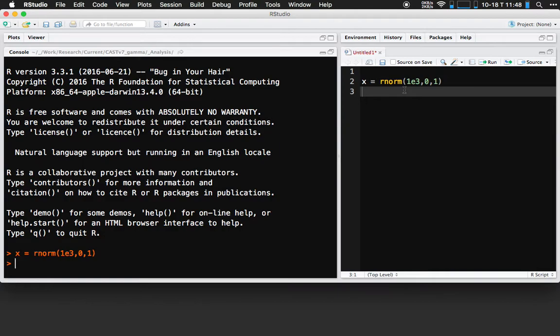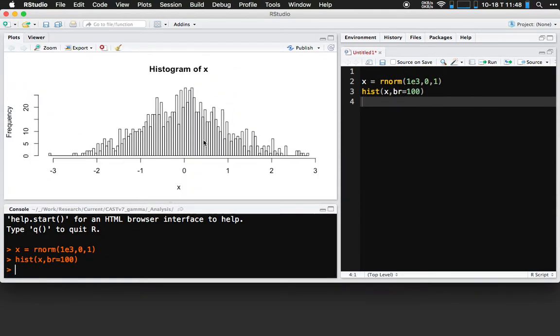They've been generated. Now I'll plot a histogram of those numbers, and I'll make sure that there's, say, 100 breaks. So you notice most of the values fall within about 2 units of standard deviation, where unit standard deviation is 1. So most of the values fall between -2 and 2.